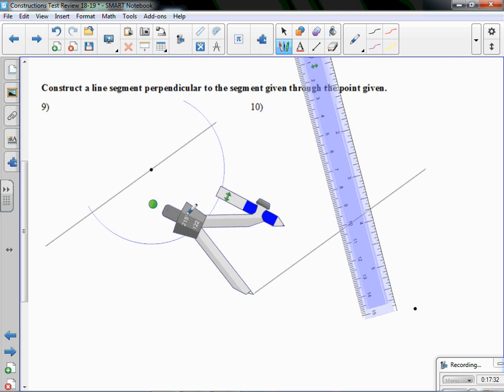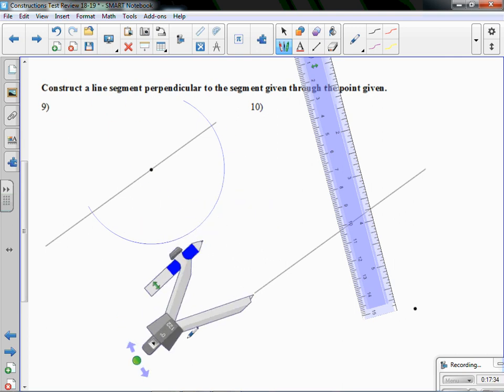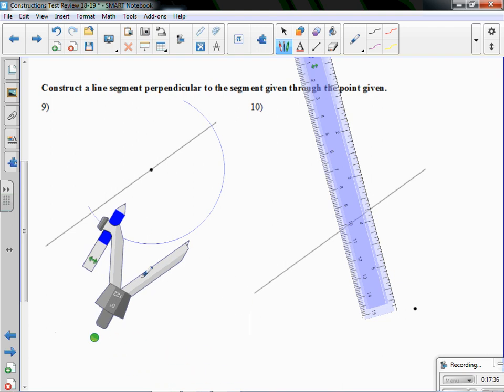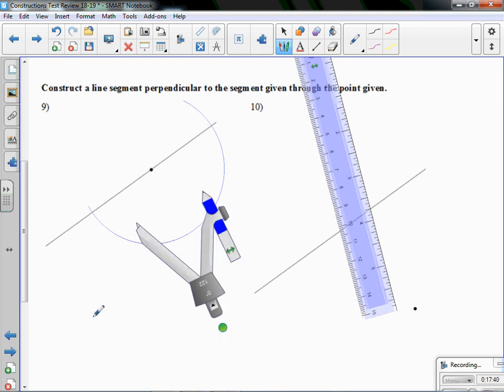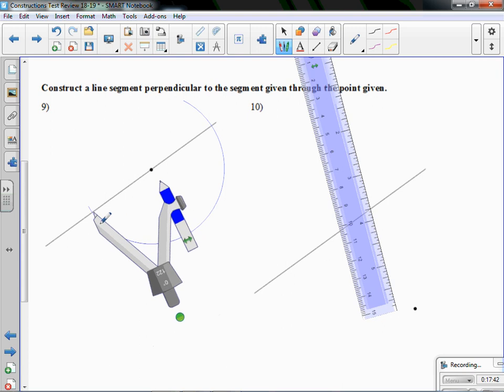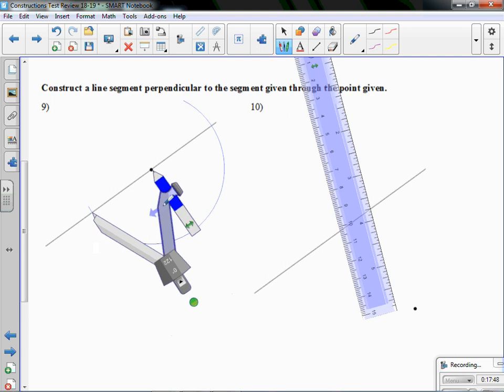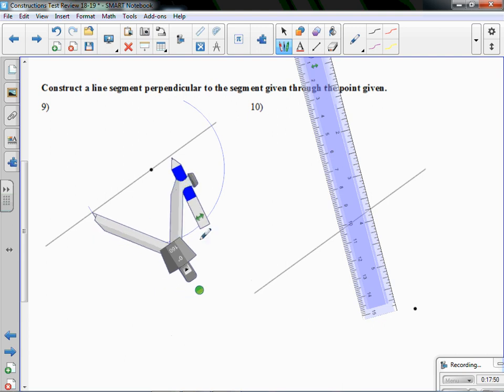And then we're going to go to each of those intersecting points. Put the point on the intersection, and then make sure our compass opens up past where that point is.